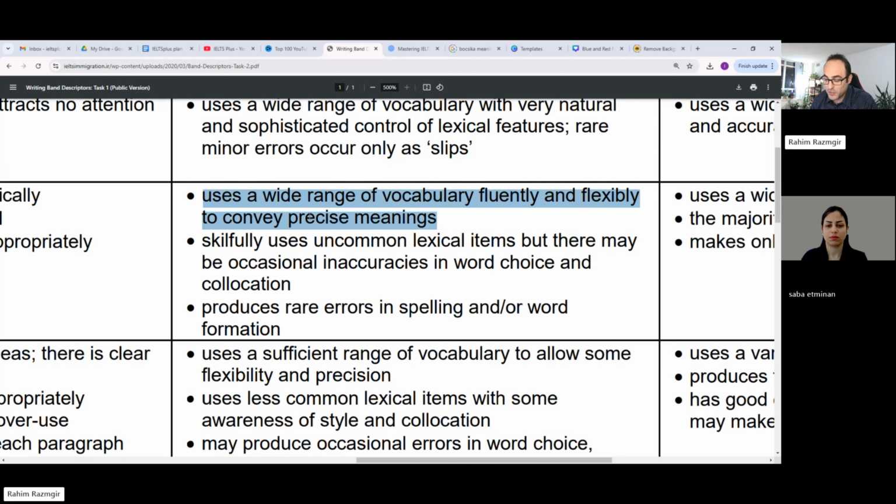That's an 8 for vocabulary or lexical resource. Skillfully use uncommon lexical items, but there may be occasional inaccuracies in word choice and collocation. Produce rare errors in spelling and or word formation. So that would be an 8. It's not very difficult to achieve. As you see, they do not expect something perfect.